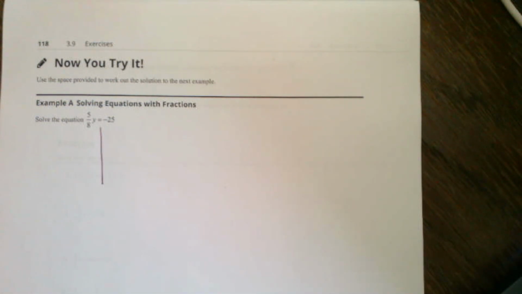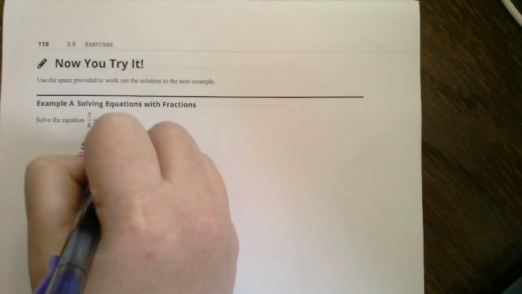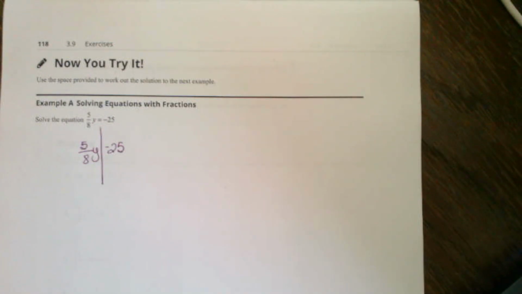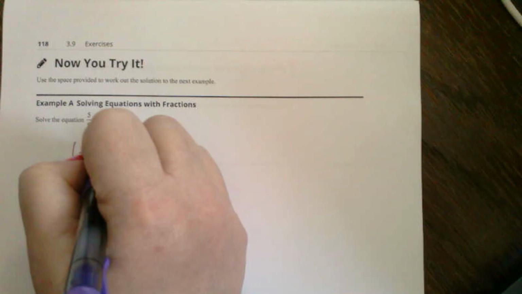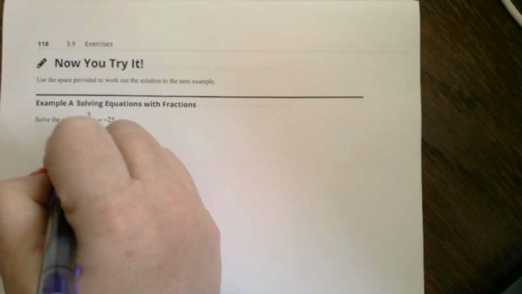I have to do it this way. Draw the line. I'll give you a couple seconds. Go ahead. Do it whatever way you want. I'm going to rewrite it so you can see what I'm doing. I need to get rid of my fraction, so I'm going to multiply everything over here and over here by 8, because that's what the common denominator is.